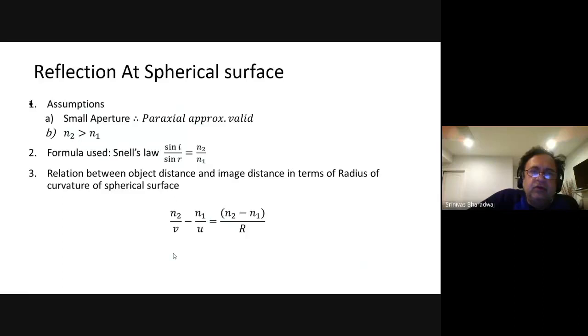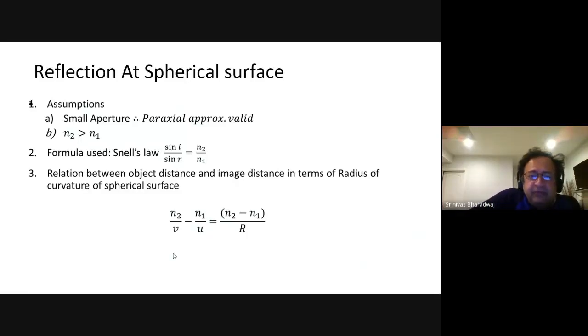Okay. And so for a small aperture, the paraxial approximation is valid. What is the paraxial approximation? Sin I equals I, right? Sin R equals R, right? So now, sin I by sin R equals N2 by N1.